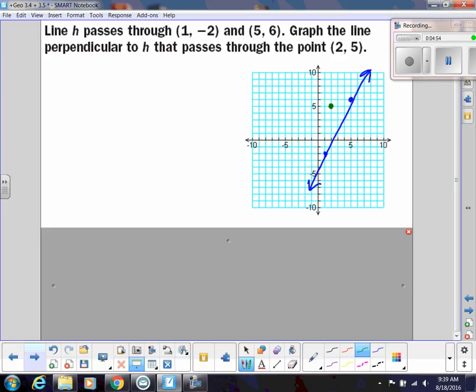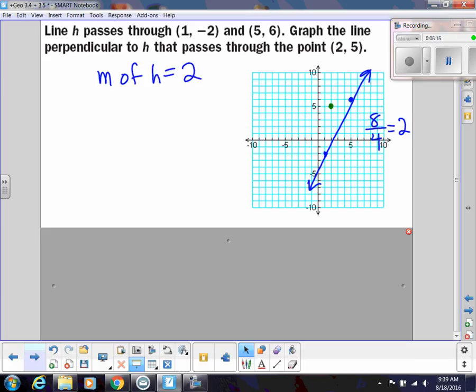We can do a few things. We can count this: 1, 2, 3, 4, 5, 6, 7, 8 over 1, 2, 3, 4. So this is 8 over 4, which is a slope of 2. So our slope of h is equal to 2.